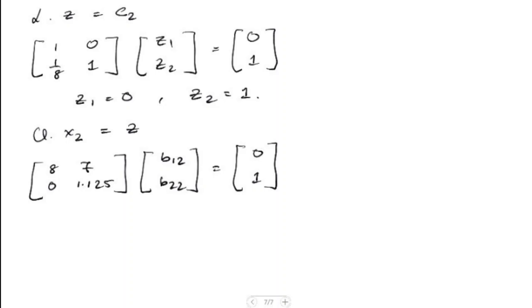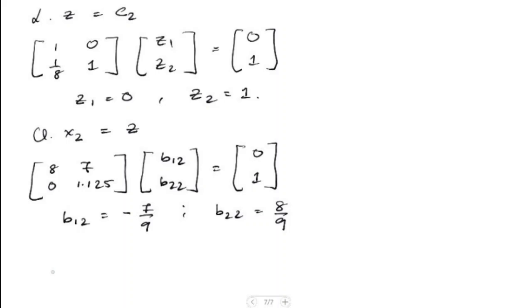If you solve this with backward substitution, you will get for b12 the value minus 7 over 9, and for b22 we'll get the value 8 over 9.